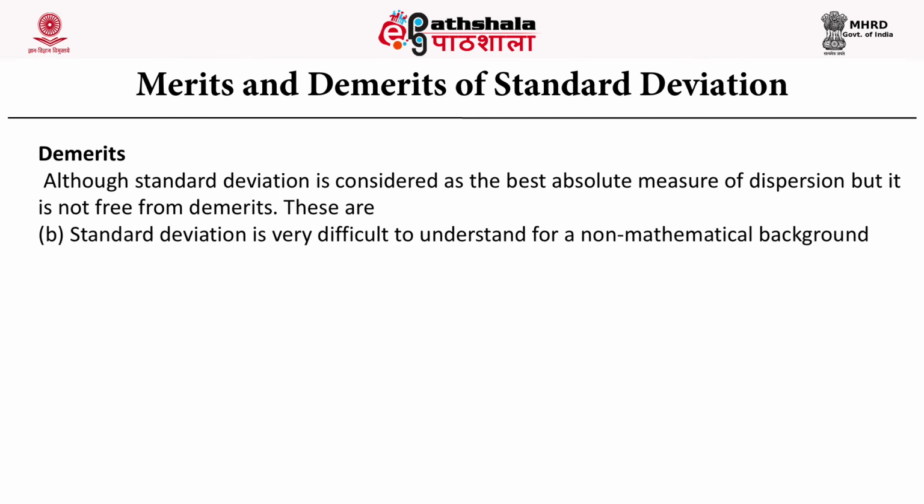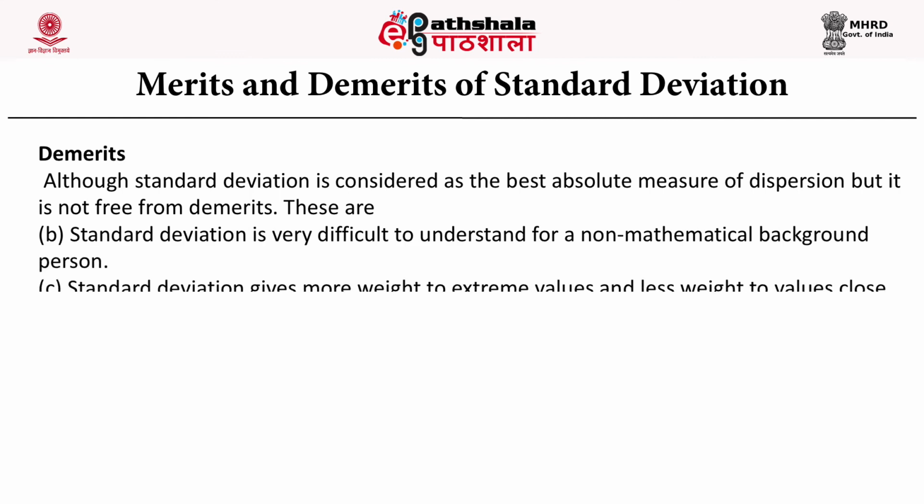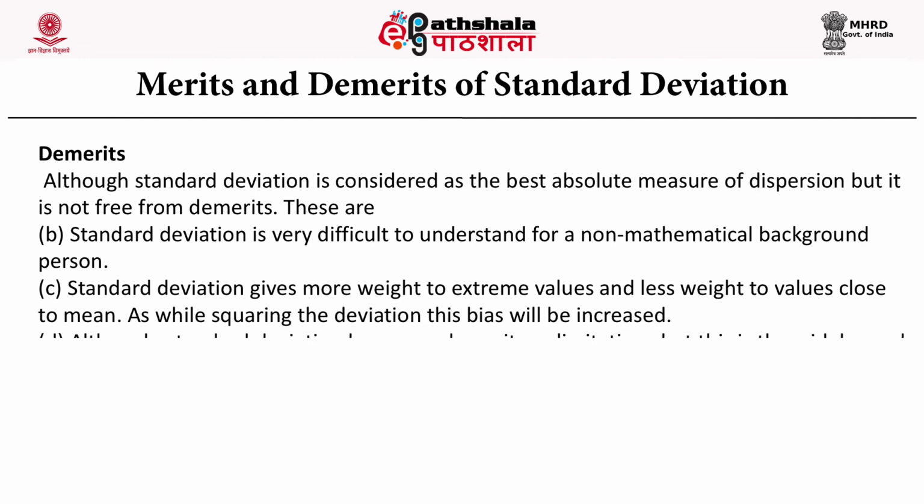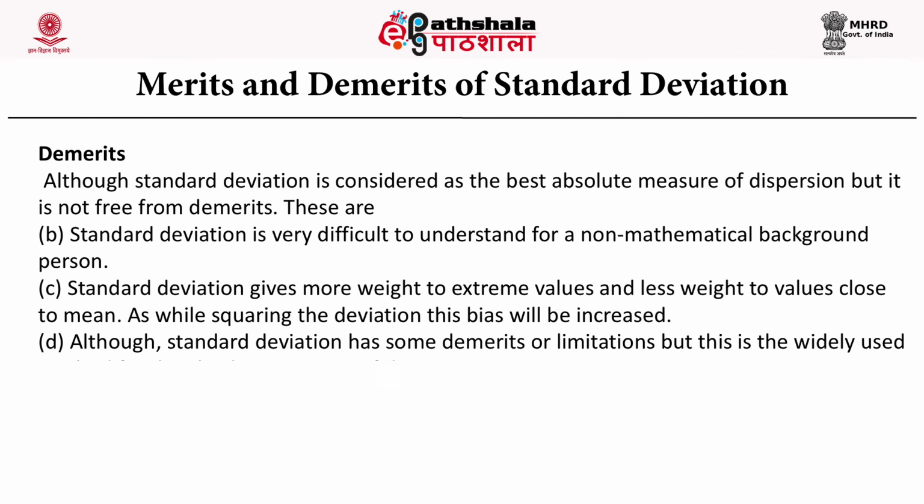It is very difficult to understand for a person without a mathematical background. It gives more weight to extreme values and less weight to values close to the mean, as while squaring the deviations this bias is increased.